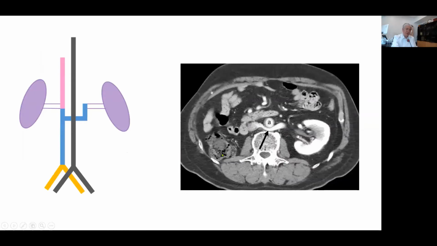The most common variation is retroaortic left renal vein, which is the result of the persistence of the posterior retroaortic arm of the venous ring and obliteration of the normal anterior preaortic arm. Often, Nutcracker phenomenon is accompanied by retroaortic left renal vein, and this Nutcracker is called posterior Nutcracker.